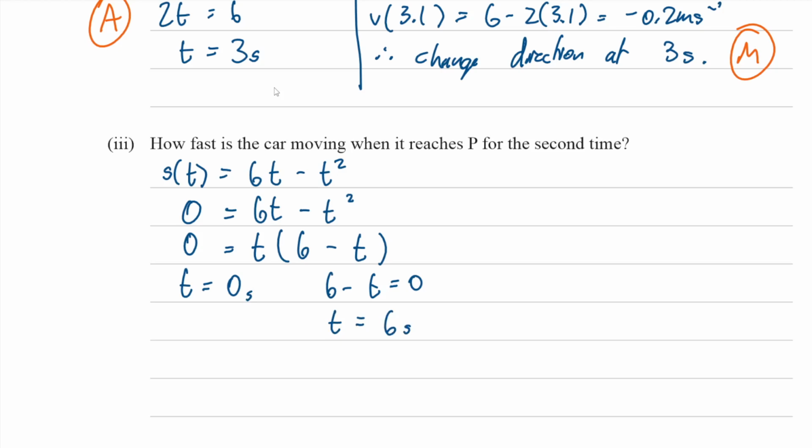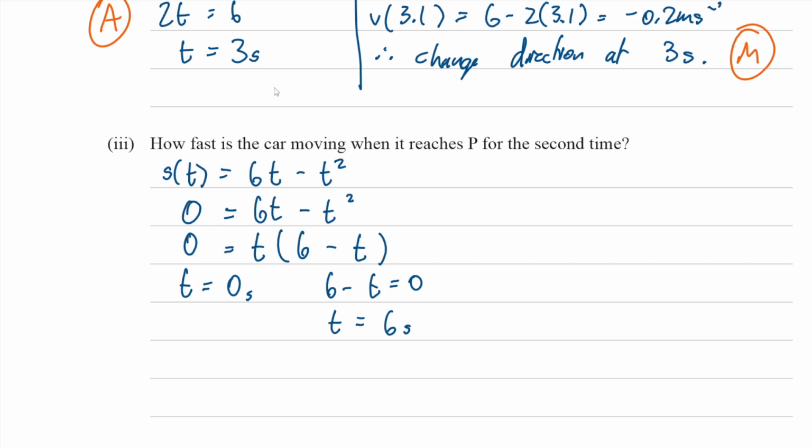So, when time is 0, it is at point P, right? That makes sense, that's where it starts from. But also, after 6 seconds, it's gone away from point P and come back to point P. So at 6 seconds, it has returned to point P.